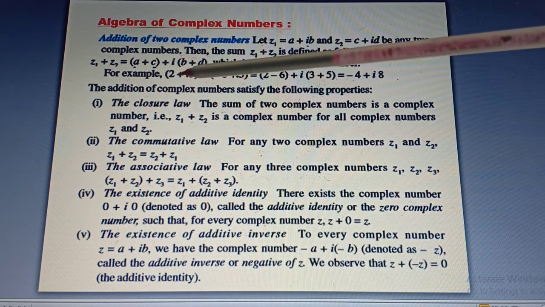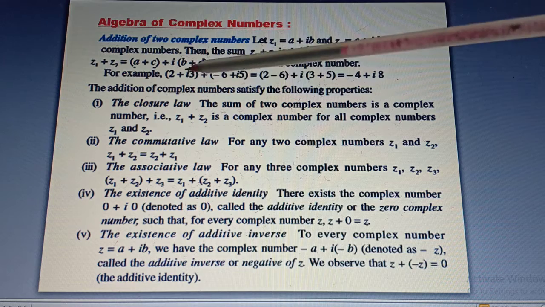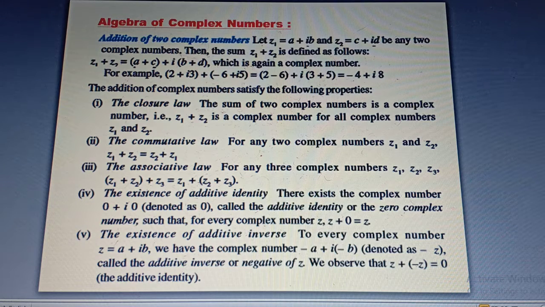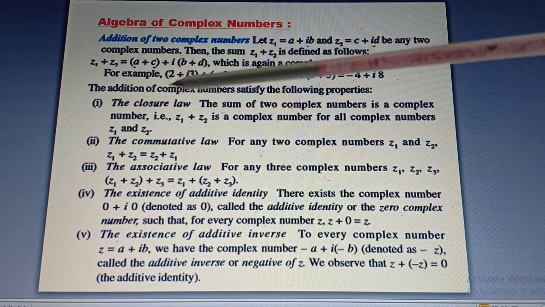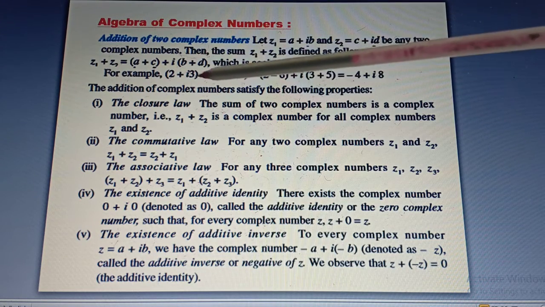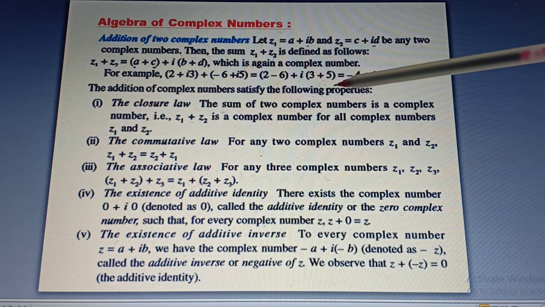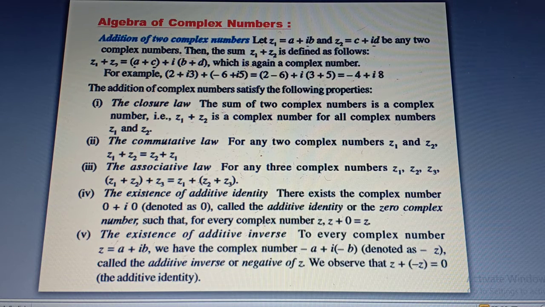Here 2 is the real part and 3 is the imaginary part. When we add, we have to add the like terms, real part with real part and imaginary part with imaginary part. So 2 minus 6, plus i, 3 plus 5, taking i common, which is minus 4 plus i8, or you can say 8i.